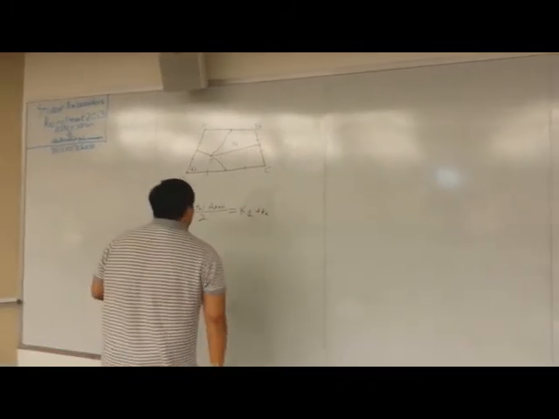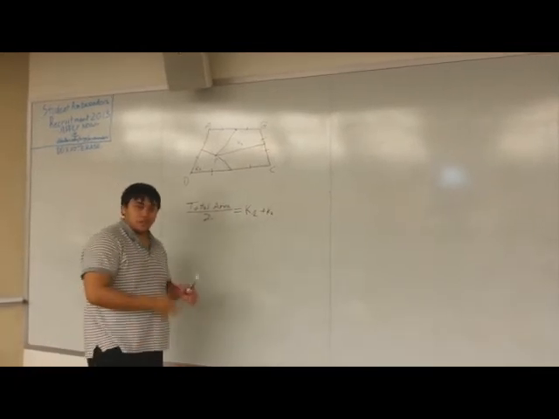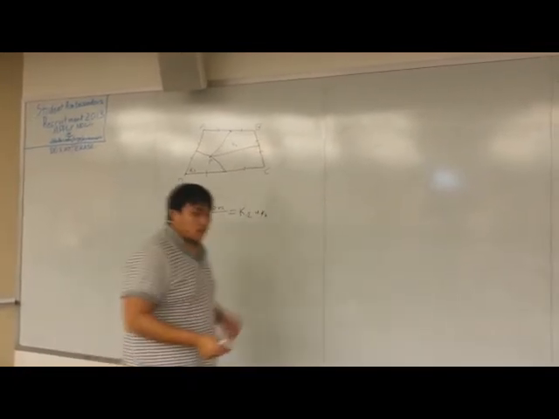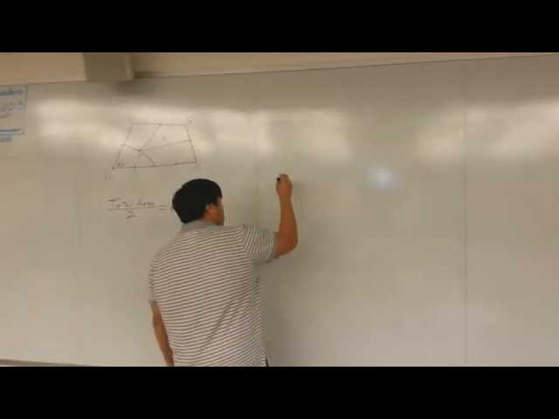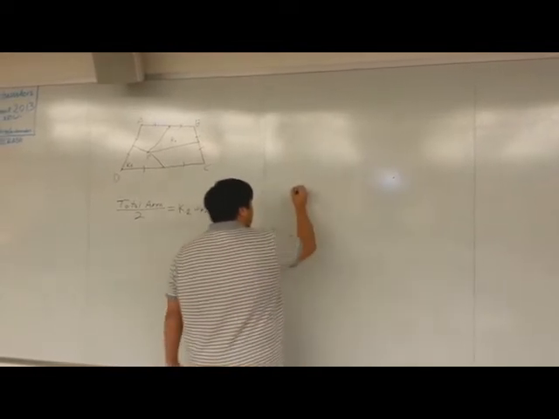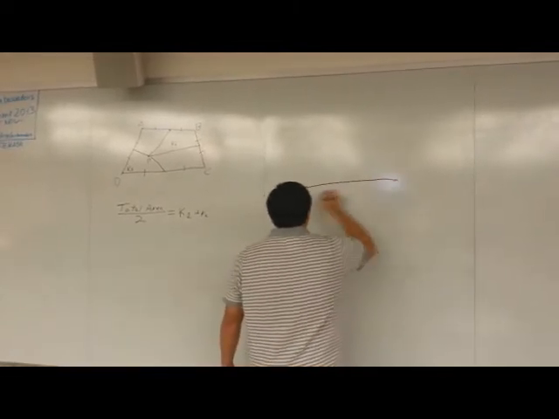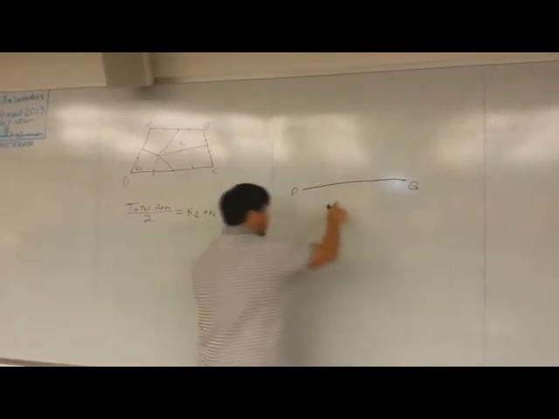Alright, so we've gotten this far. Now, just as a review, I'm going to bring up what a midpoint is. Basically, according to Euclid's first postulate, if we were just to choose two points and connect them, point P, point Q, this would create a line segment.